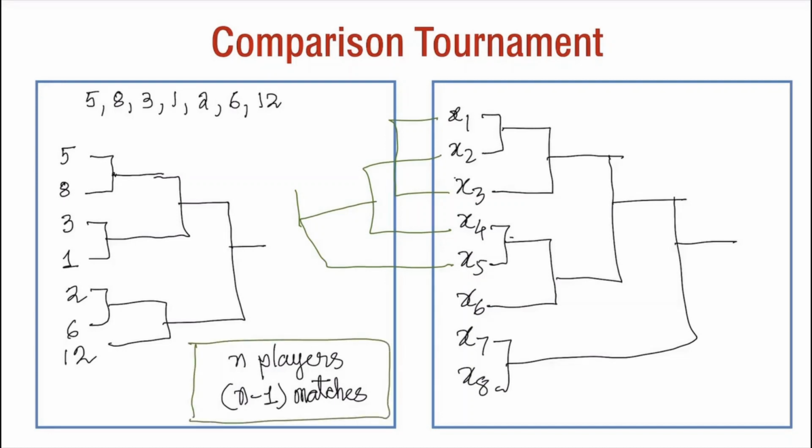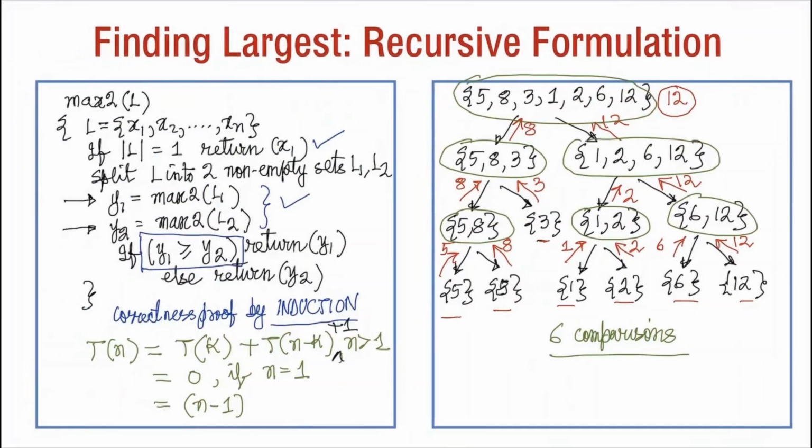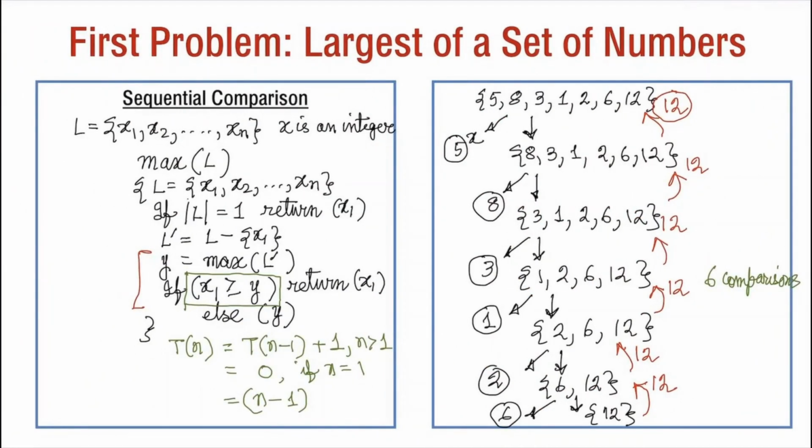So this is another way of visualizing this, and I will explain later on why we are using this method of visualization. By this approach, we have solved a very simple problem. Just for understanding, we took the approach of trying to find the maximum of n numbers.